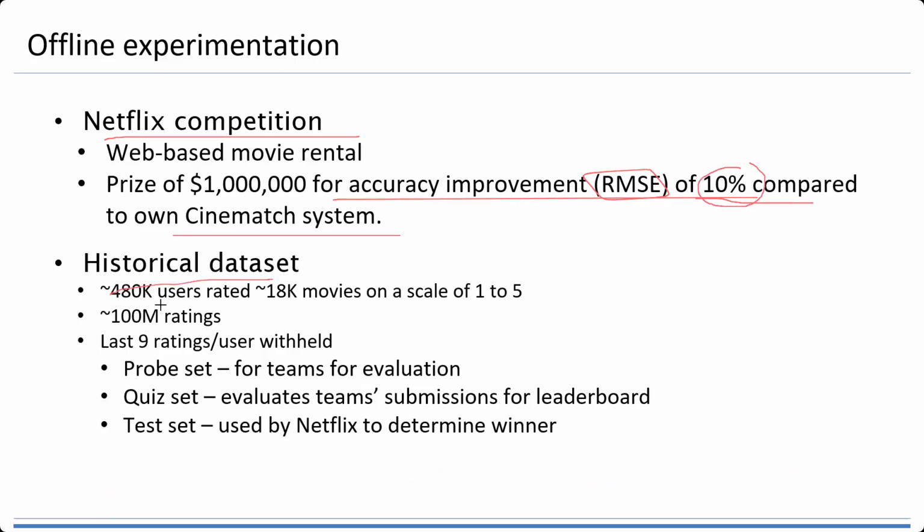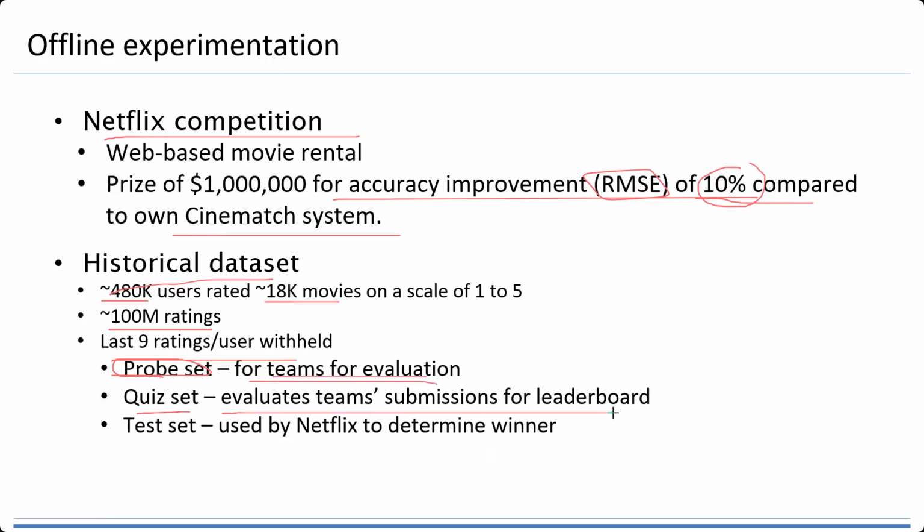The historical data has 480,000 users, 18,000 movies and 100 million ratings. And they need to separate the probe set. The probe set means the set of data that has been used for the competition for team evaluation, and the quiz set.